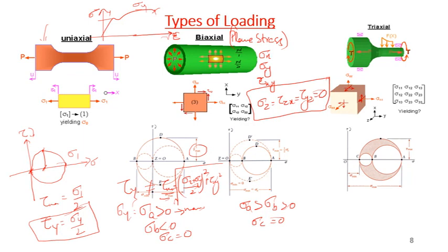On the other hand, if you look at this case, the maximum shear stress is the out-of-plane shear stress. This one. Again, that is not equal to the radius. So in this case, if sigma A or sigma max is equal to sigma y, it is not necessary that tau y will be equal to tau max.